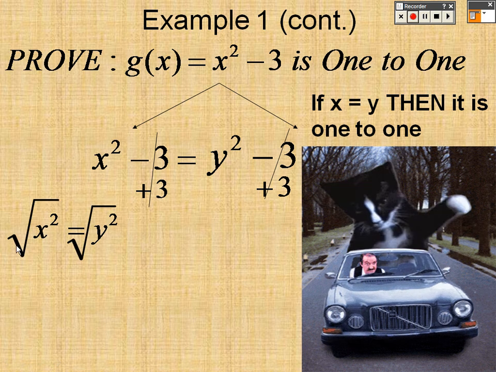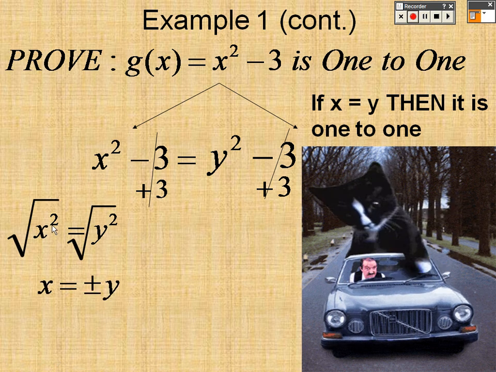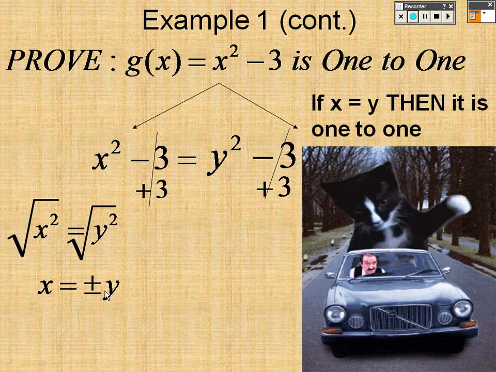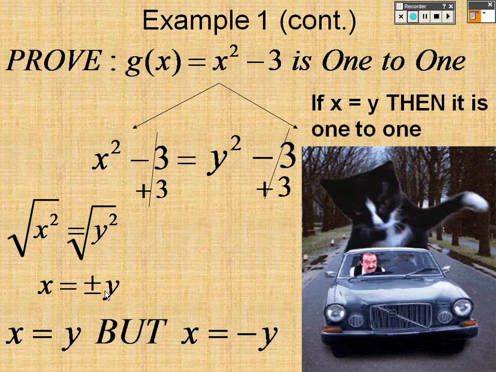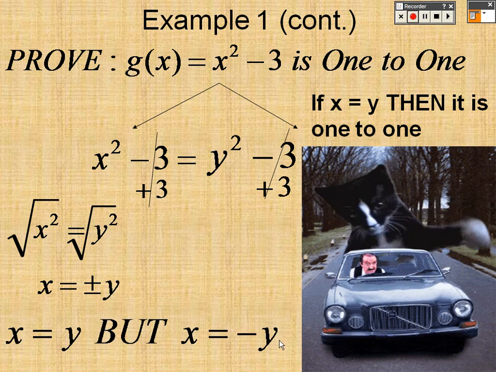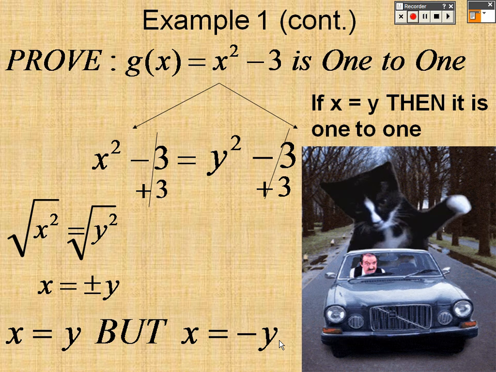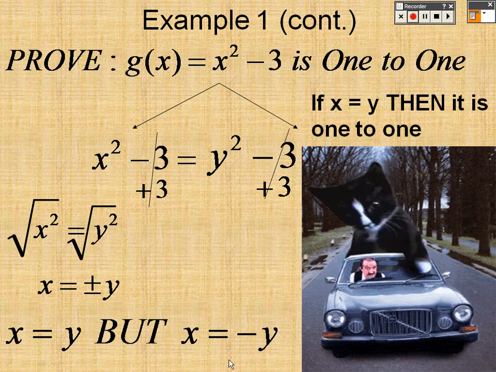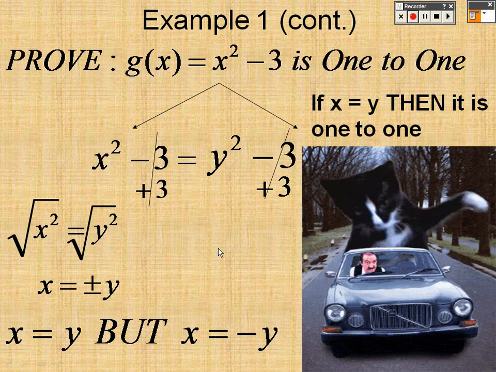But remember, whenever you square root, you end up getting plus or minus. So x equals y and x equals negative y. I get x equals y, but I also get x equals negative y, and that's why it's not one-to-one, because I'm getting two answers. When I plug in x, I end up getting two answers for y.